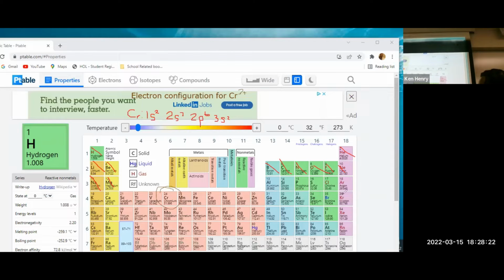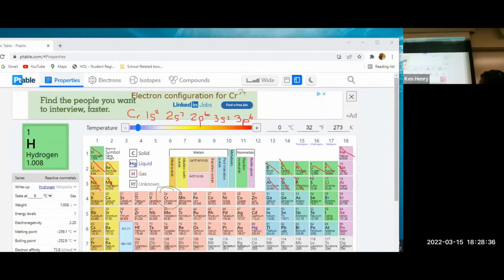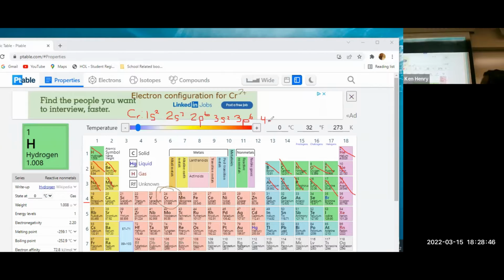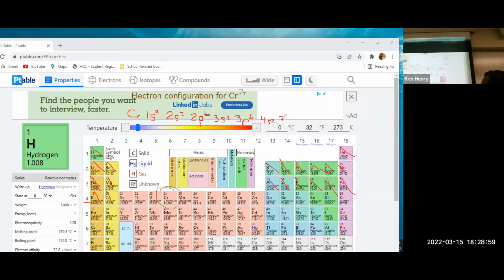And over here, 3p6. Then we have 4s2. And then chromium is 3d4.